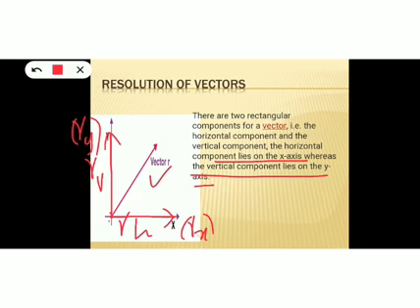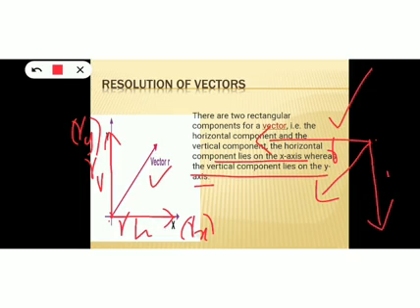Now suppose vector R is situated like this. How will you resolve this vector R? Here also, this is one component and this is another component. So this will be the horizontal component and this will be the vertical component of vector R.